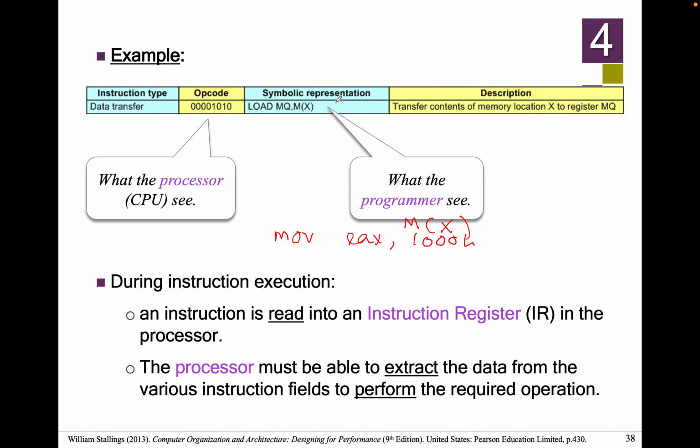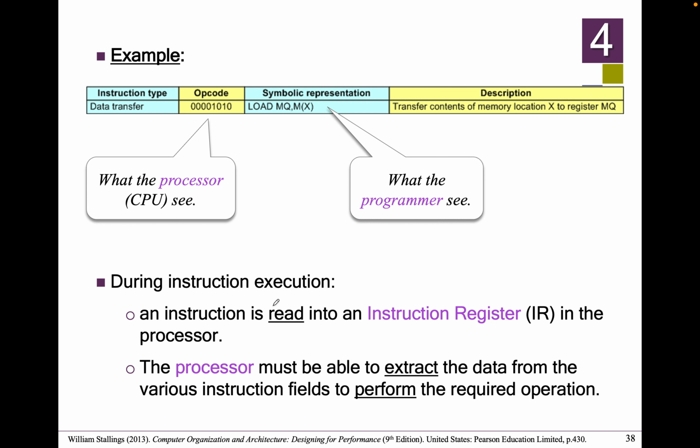So this is an example of symbolic representation that the programmer understands, but in terms of your computer, they just see the opcode there, 0001010. And in the description, your command is: transfer the content of memory X located at X to the register MQ.